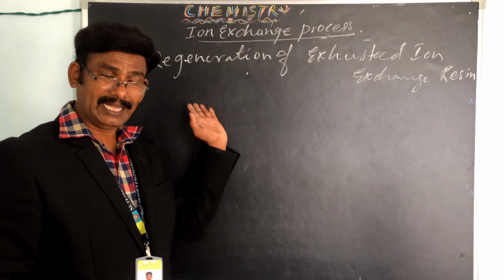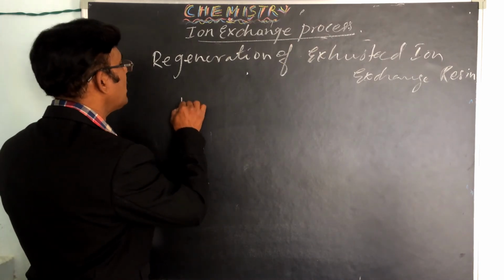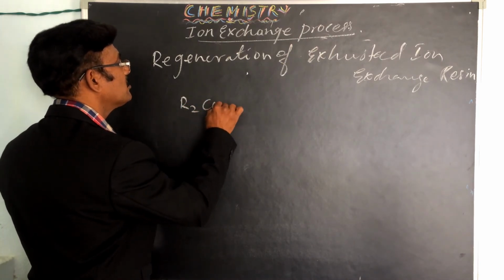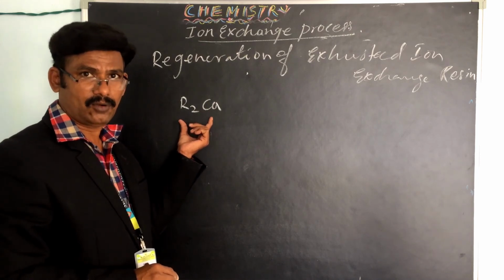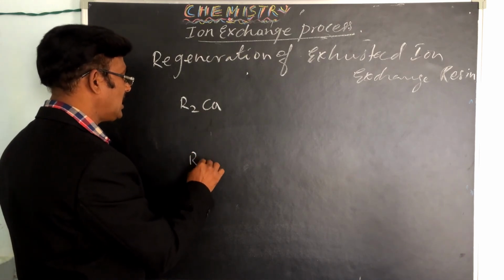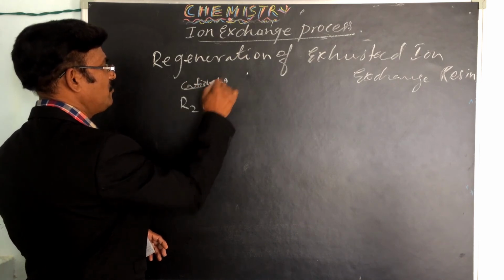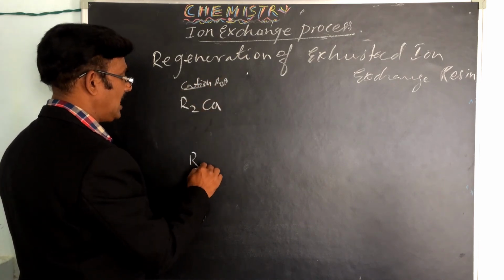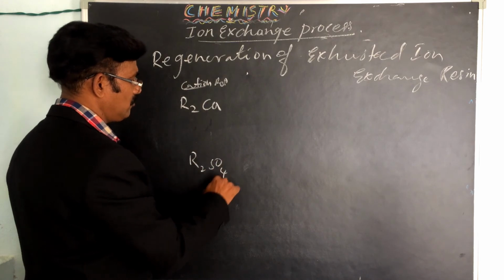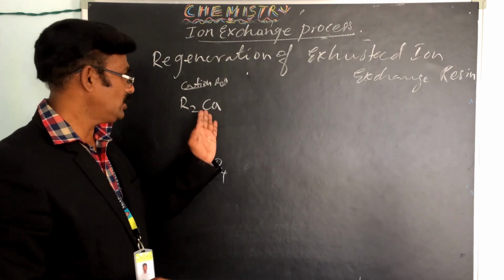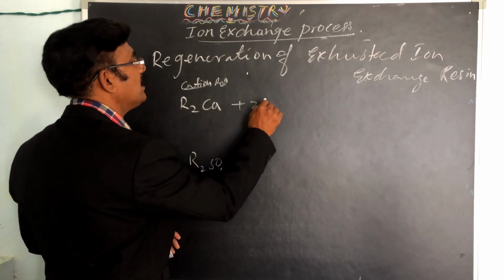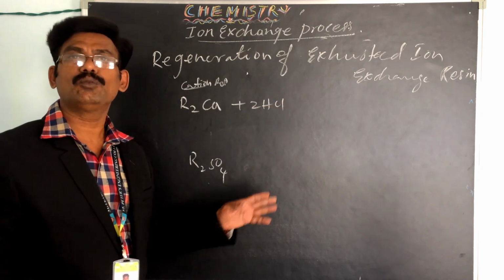Okay. So what is the resin? The resin is this one, R2Ca. And another, the anion, SO4. This is the cation resin filled by the cation, and the anion resin R2SO4. So this one you have to treat with 2 moles of HCl.